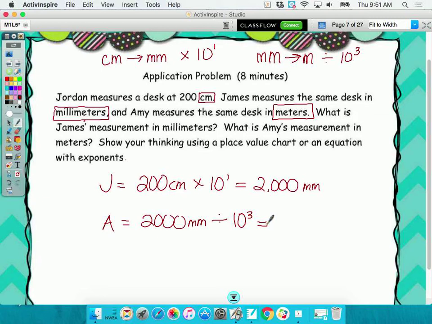What trick are you going to use here? The zero trick. How many zeros can I cross off? 3. So my answer is 2 meters. Now, does that make sense? Yes. The desk is 2 meters, 200 centimeters, or 2,000 millimeters. It makes perfect sense.